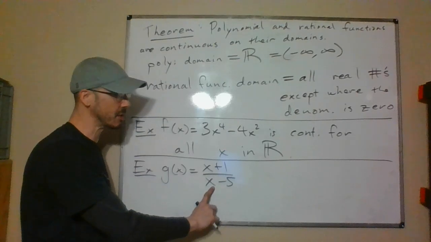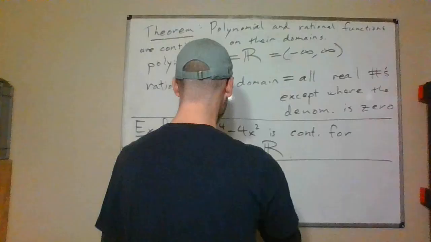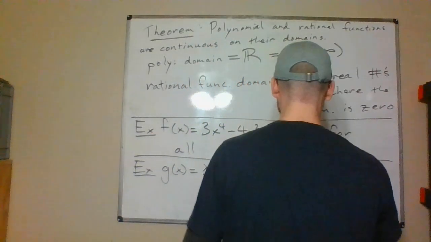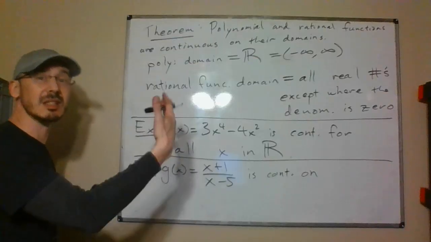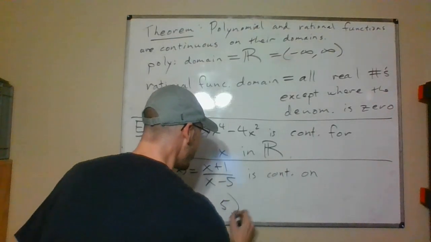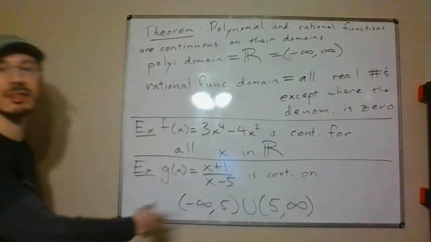We can't have x equal to 5, otherwise we'd have the 0 in the denominator. So this one is continuous on the whole real number line except the number 5, which is negative infinity to 5 and 5 to positive infinity, excluding the number 5.